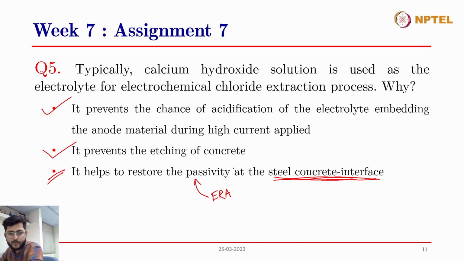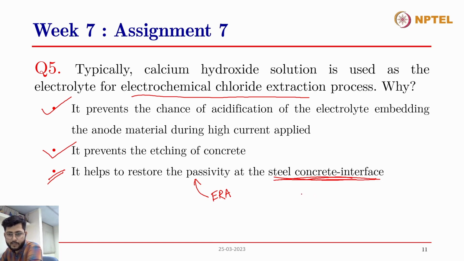The calcium hydroxide solution is actually used in the case of electrochemical chloride extraction. What they usually do is they intend to extract the chloride ions that are present inside the concrete, and therefore they apply a positive voltage and an anode metal, and there is an electrolyte present, so that these chloride ions get attracted towards the positive terminal and travel through the pores that are saturated and get out into the electrolyte.